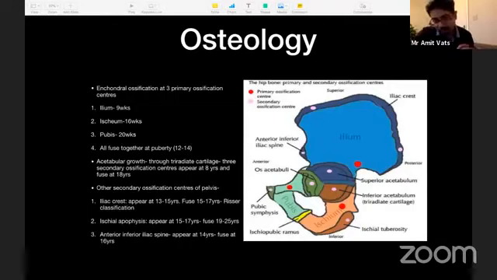This ossification center is particularly important because there's a classification called the Risser classification, which is used to assess the remaining growth, especially by spinal surgeons, to assess whether a scoliosis or a spinal deformity is likely to worsen or not.